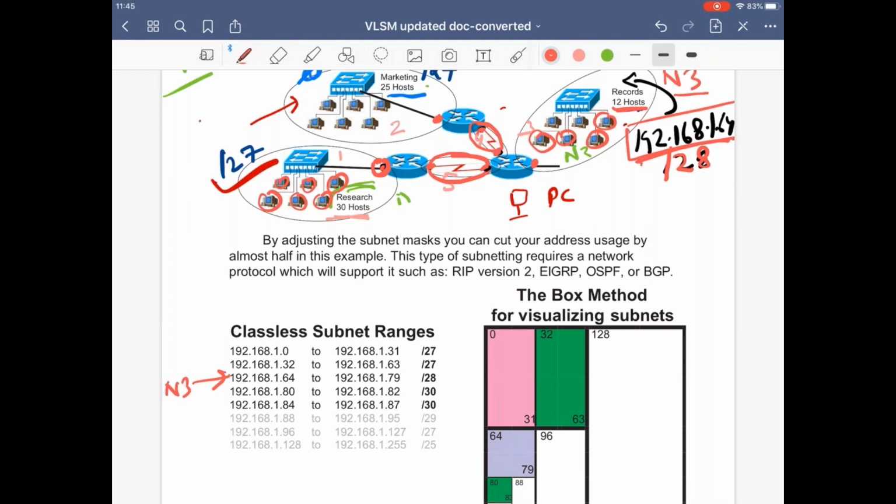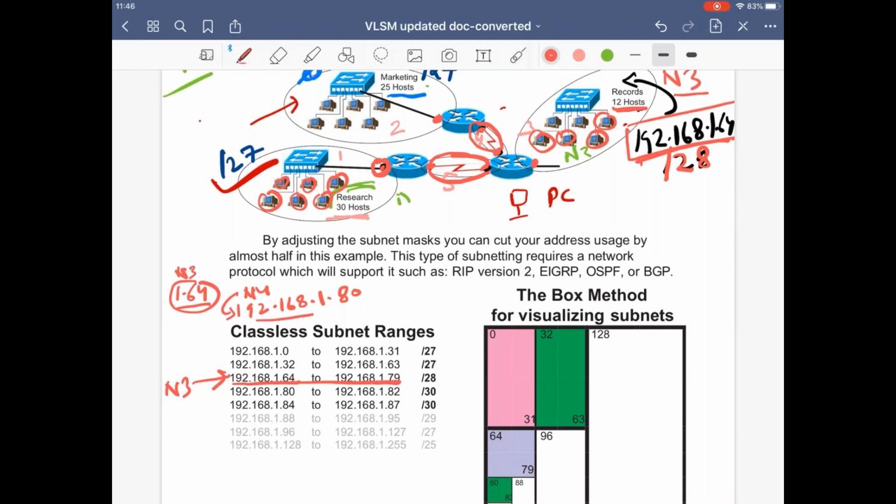So for N3, it starts at 1.64, right? And the N4 range will be 192.168.1.80. This is our N4 and this is our N3 range. For 80, the next requirement is 2 hosts.